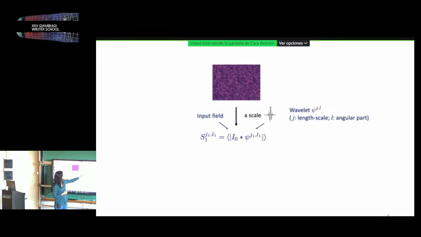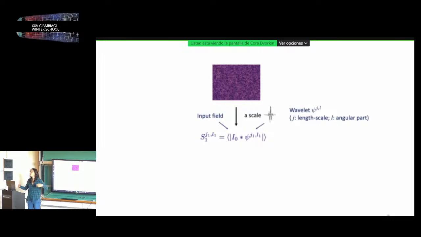So this wavelet, psi JL, will have a length scale given by this index J, and an angular component given by this index L. Now, after you convolve it, you take the absolute value, okay, the modulus of the convolved field to get the local strength of fluctuations.